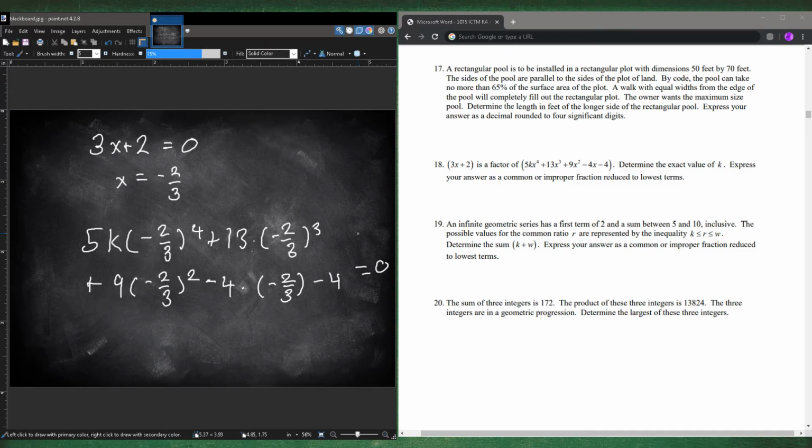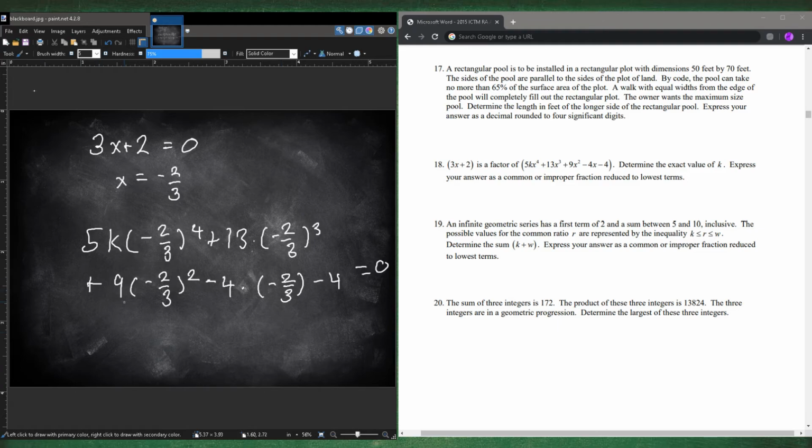Okay, so let's simplify all the constants first. So that's negative 2 divided by 3 to the power of 3 times 13, then plus 9 times negative 2 divided by 3 to the power of 2, and then minus 4 times negative 2 divided by 3, and then minus the actual 4.